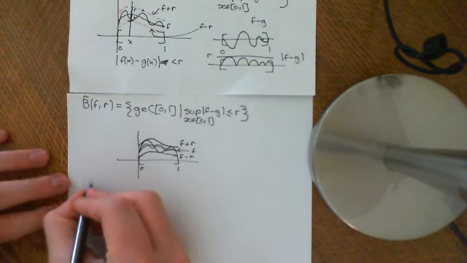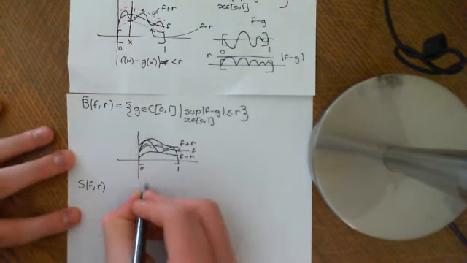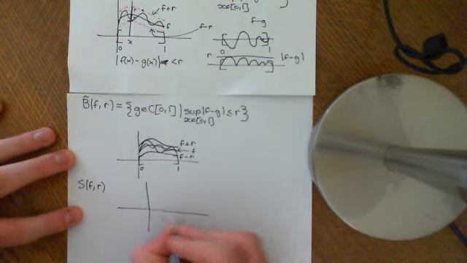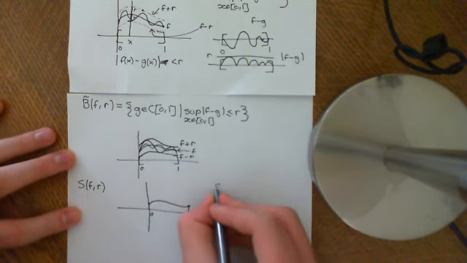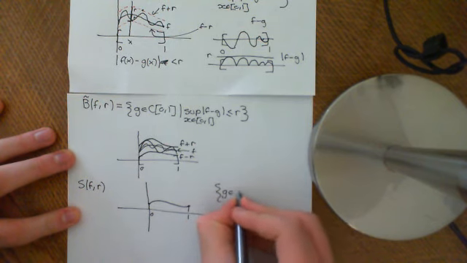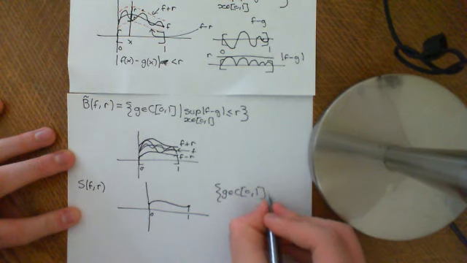Okay, and then finally let's have a look at the sphere centre of f of radius r. Okay, so we have some function f, and now what we want is we want all the points. So we want the set of all g as an element of C01, where the distance between f and g is actually equal to r.